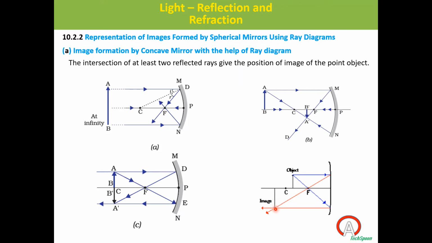Then only you will get the image. So the first ray is parallel to the principal axis, and the second ray goes through the focus. You will get the intersection of the two reflected rays, and there you will get the image.